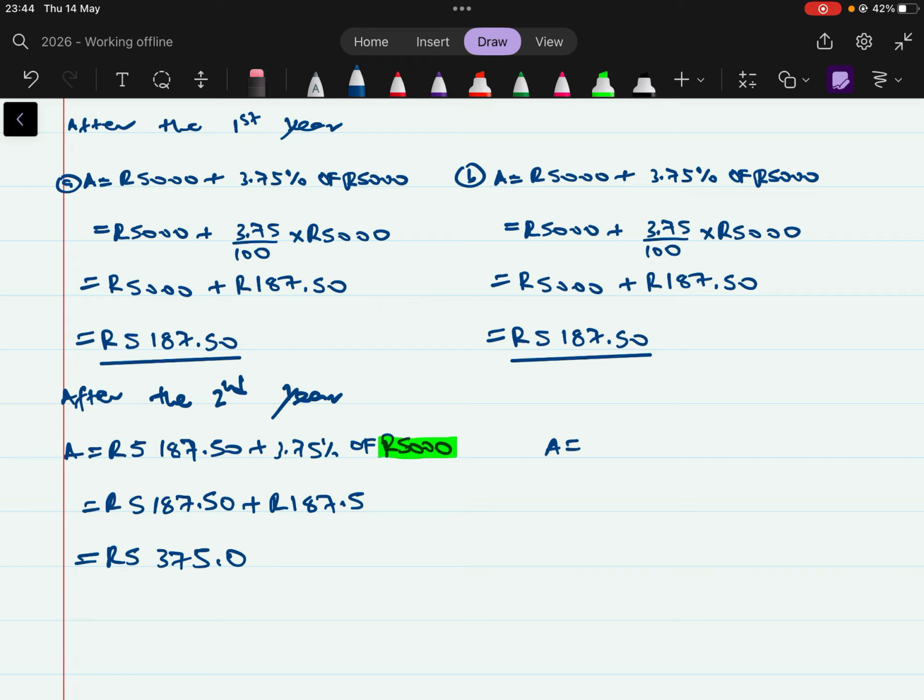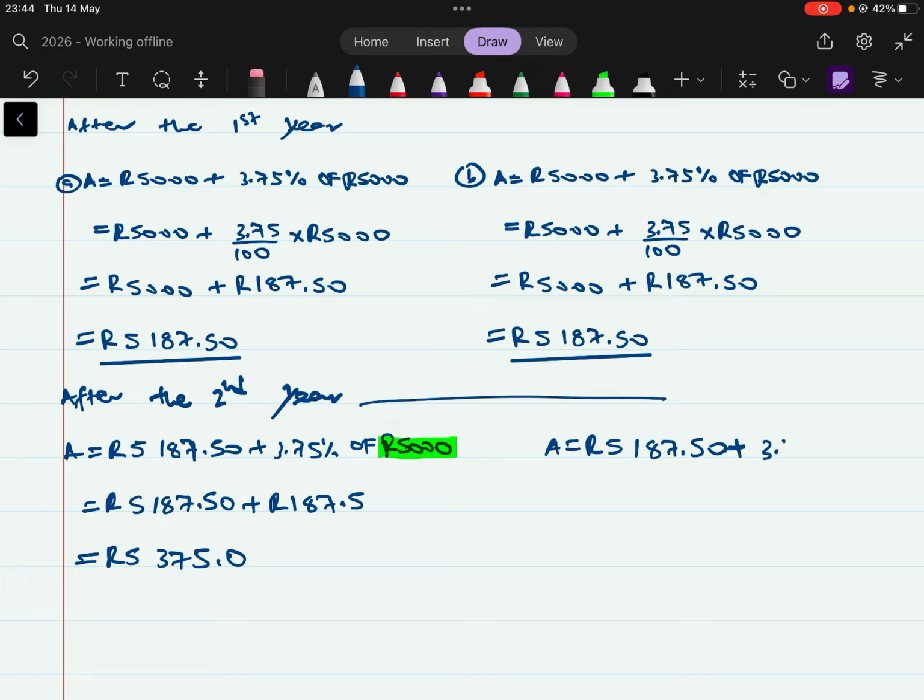Okay, so with compound interest, however, the accumulated amount is going to be a bit different, because this takes into consideration that we have a new balance. Now we have 5,187 at the beginning of the second year, and we are getting an interest on that particular balance, not on the original amount.